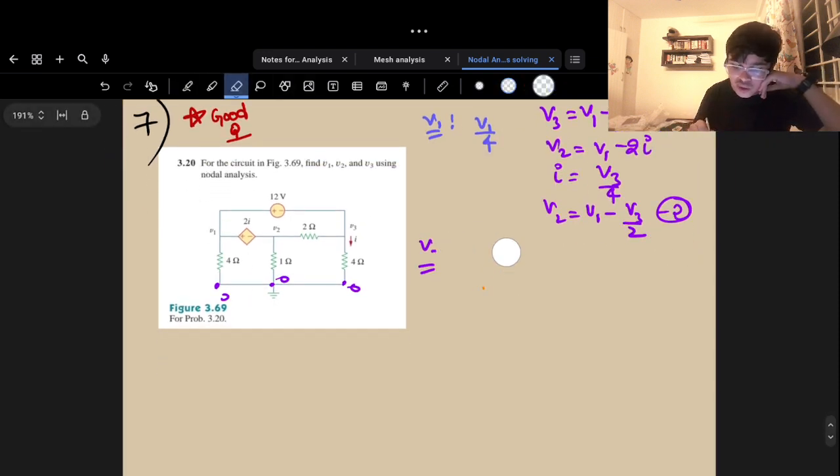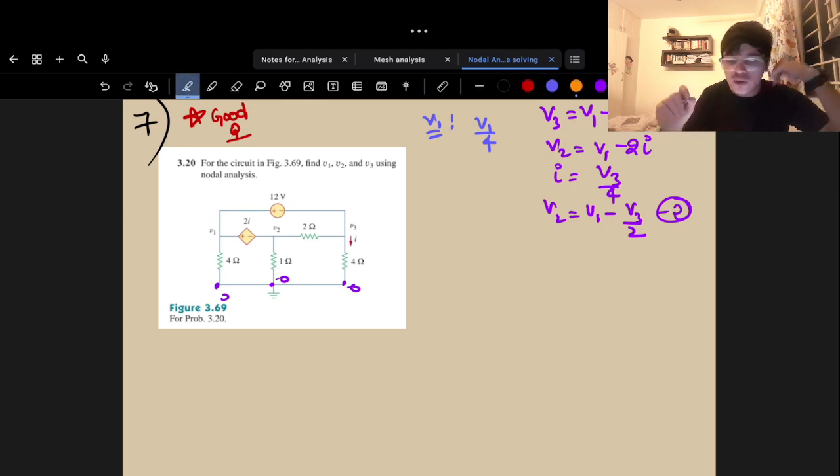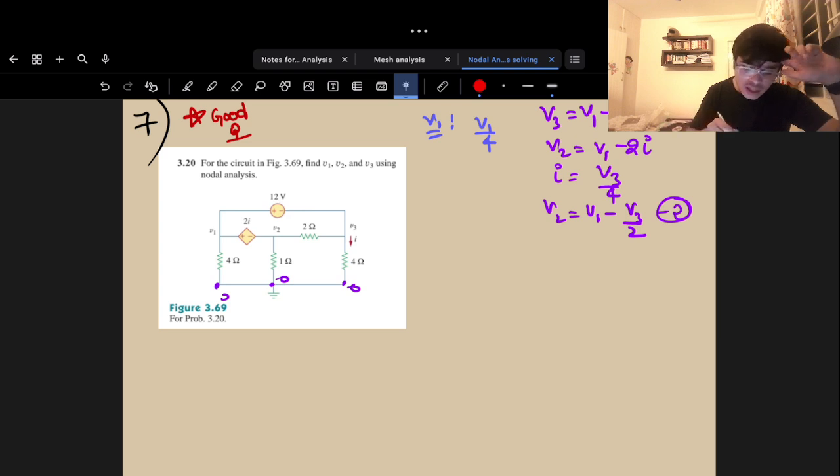So I will go by the method that I can think of right now. There are so many methods that are much easier than this, but right now this is only striking to me. What I'm going to do is assume this entire thing as a supernode.